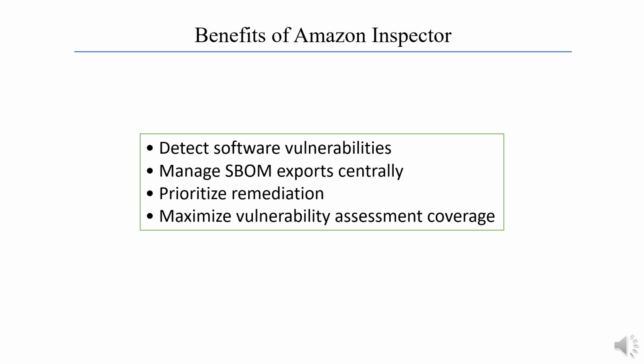Detect software vulnerabilities. Detect software vulnerabilities and unintended network exposure in AWS workloads such as Amazon EC2, AWS Lambda functions, and container images in Amazon ECR and within continuous integration and continuous delivery CI/CD tools in near real time.